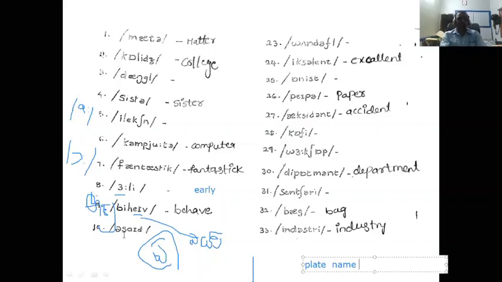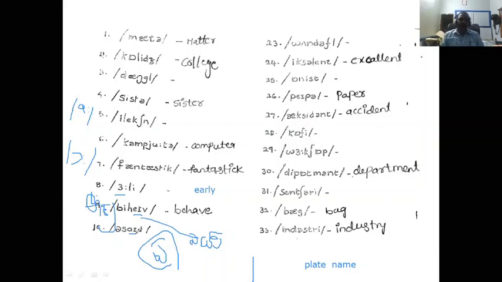The 10th one is aside. The first sound is the schwa sound, and the next one is the S sound. Up to here it is us. These two symbols make a diphthong. Di means two, right?